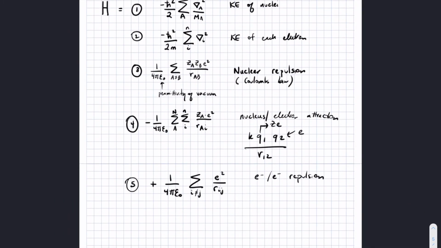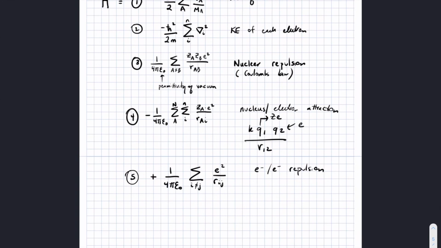This gets a little too complicated. And so one of the things we're going to do is to make the famous Born-Oppenheimer approximation, which is basically this: electrons move much faster than nuclei.